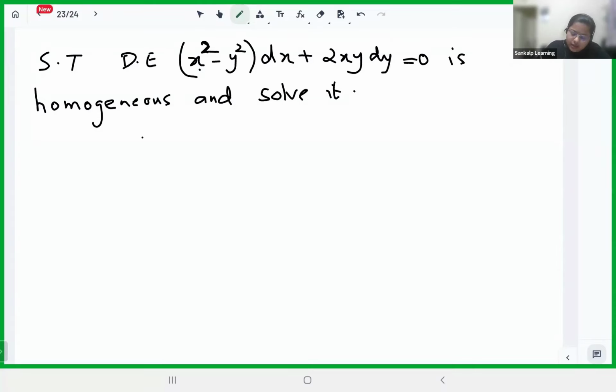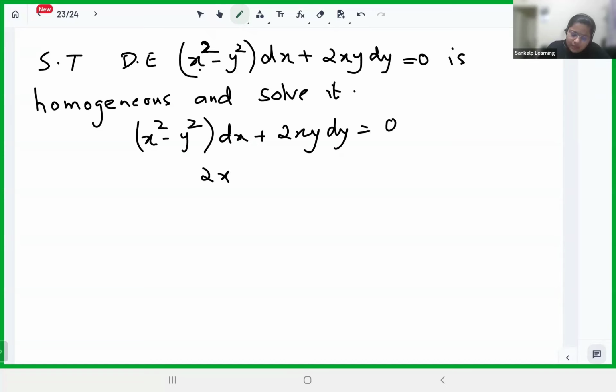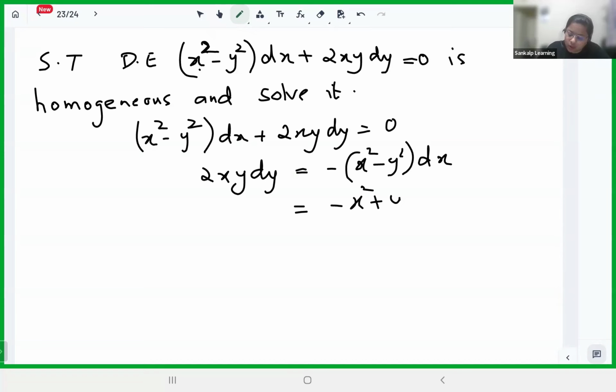So this is x square minus y square into dx plus 2xy dy equal to 0. So 2xy dy is equal to minus of x square minus y square into dx. So this can be written as y square minus x square into dx.